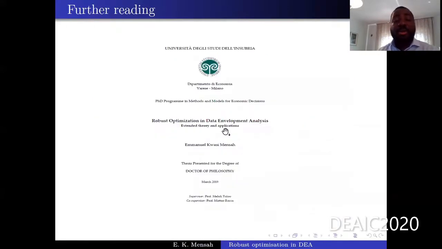And again, you can also look into this thesis that I did last year, 2019, where I considered the general framework of robust optimization in data envelopment analysis. So this is published, and you can find the topic, Robust Optimization in Data Envelopment Analysis: Extended Theory and Applications.